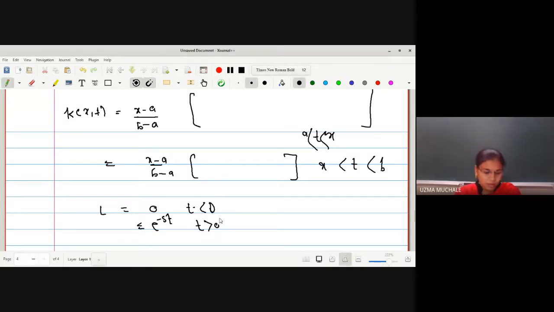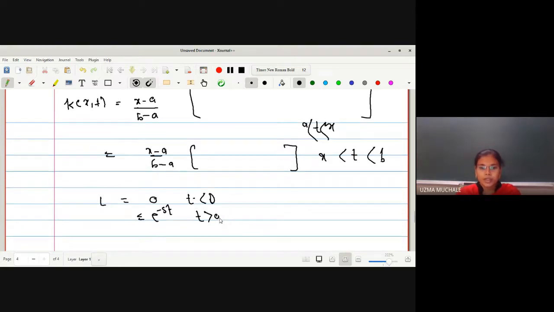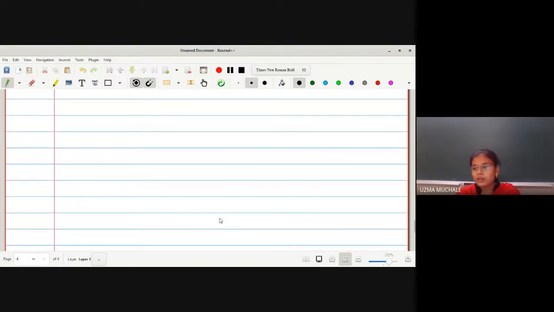Okay, let us take an example. You should also solve an example with me, so that you can solve one or two examples for homework also. Let us start. Reduce the following boundary value problem to a Fredholm integral equation.